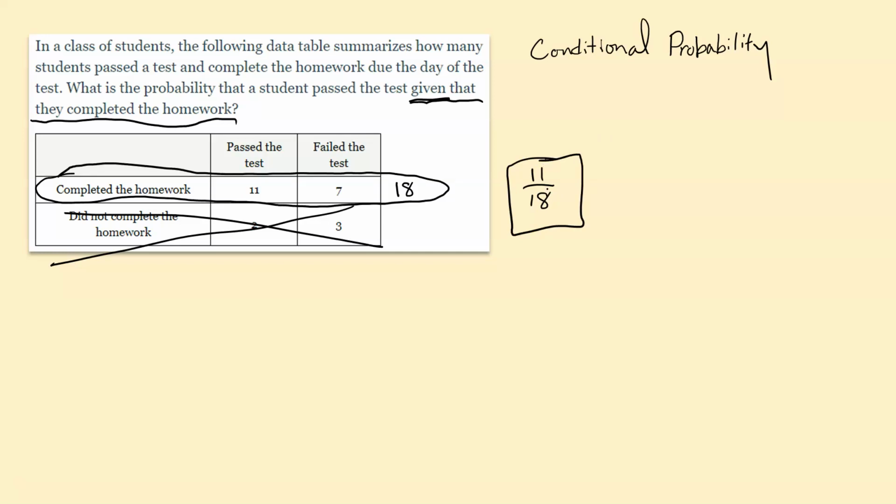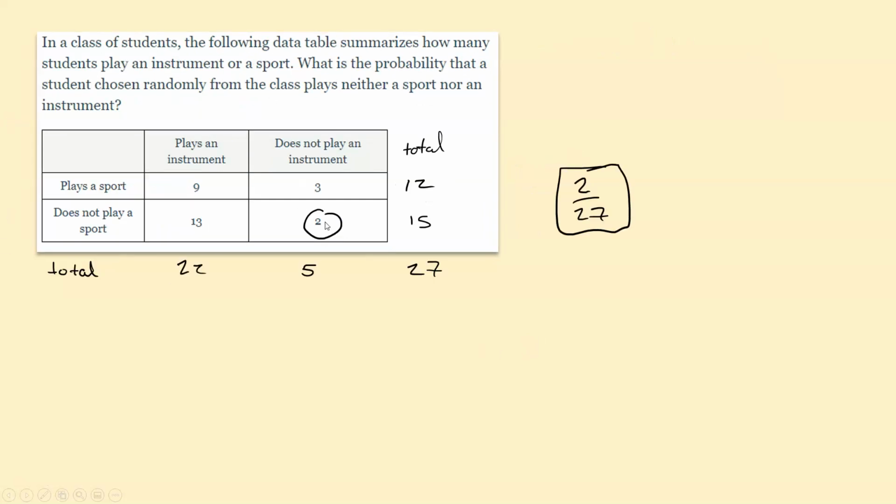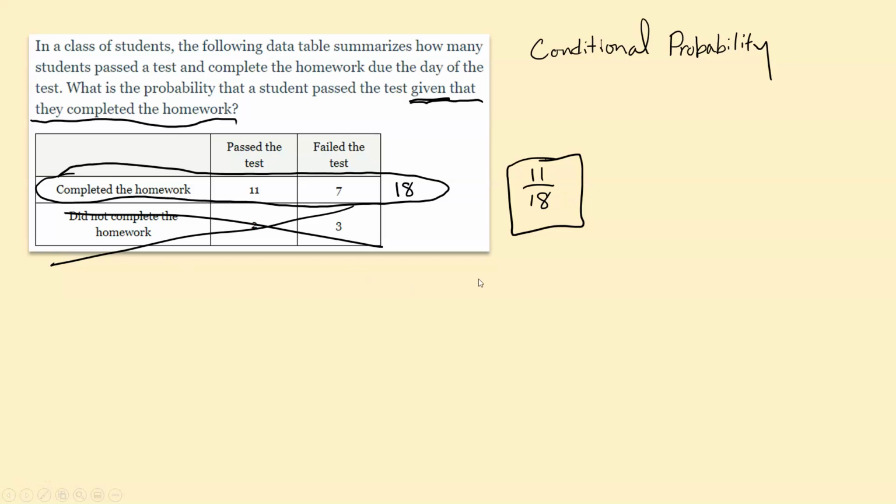So that is our final answer. So for conditional probability, you are selecting out of a smaller sample within the whole sample, okay? Make sure you're reading carefully to determine what smaller sample you are selecting out of.